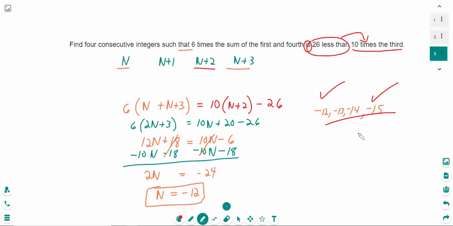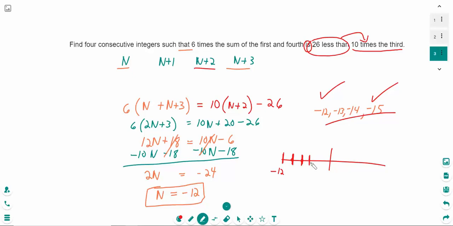Consecutive integers means they move from the left to the right the same way that they would on the number line. If I have a number line, and right over here is where negative 12 lives, consecutive would mean the next number in the series would have to be at this location, 1 unit to the right. And then the next number in the series would have to be here.